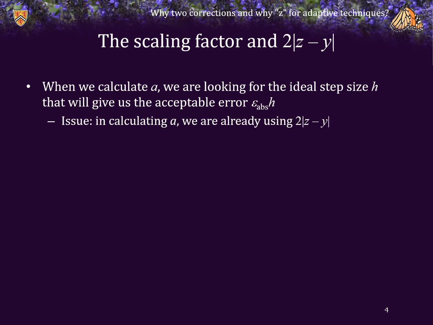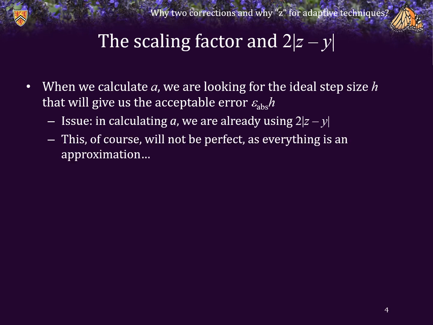The issue is, in calculating A, we are already using the first overestimate of the error of y. Additionally, this approximation is not going to be perfect because, after all, we are only approximating the error of y. Additionally, we also truncated the Taylor series to get our estimate.